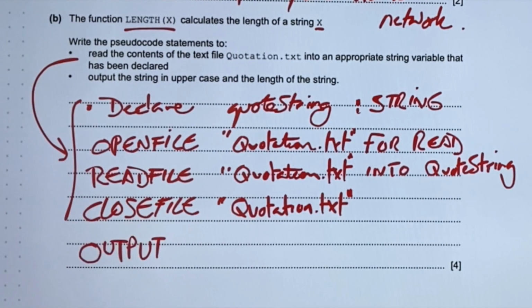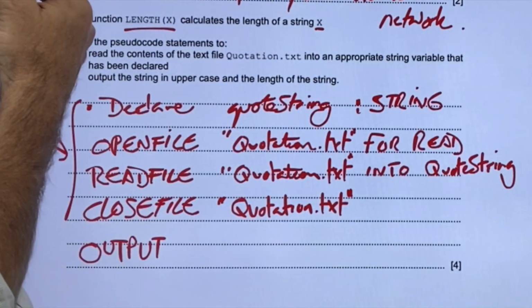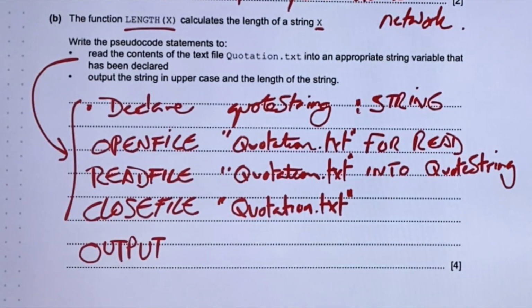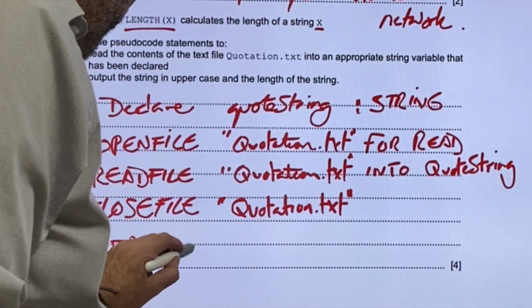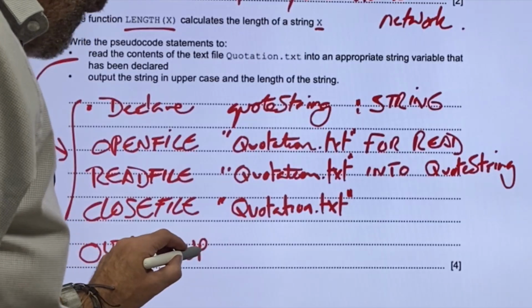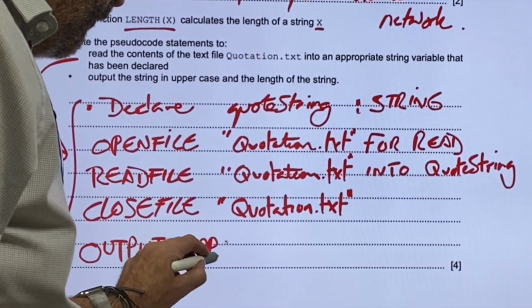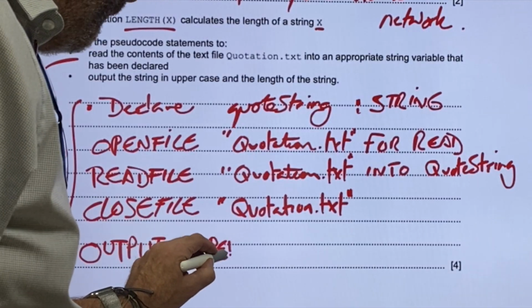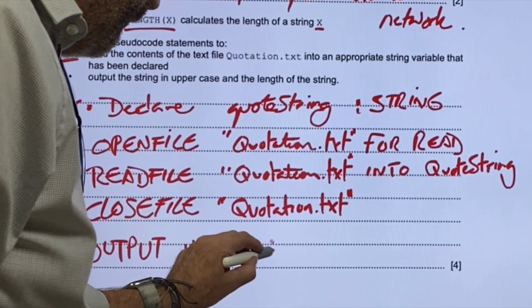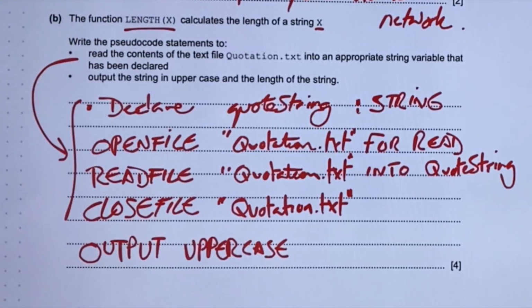Output, or display. I don't know whether they accept it in GCSE. At IB, you could use display. But I'm going to use output, and you could put output.upper, or UCase, but I'm going to do it uppercase.